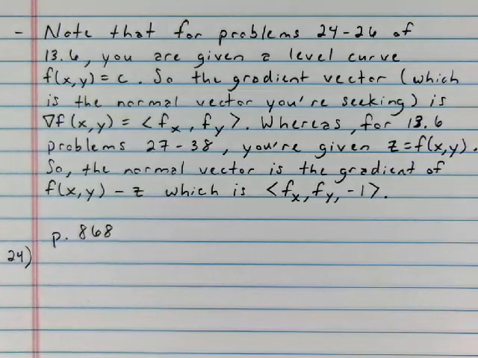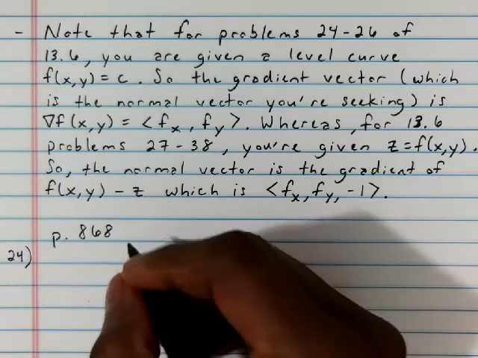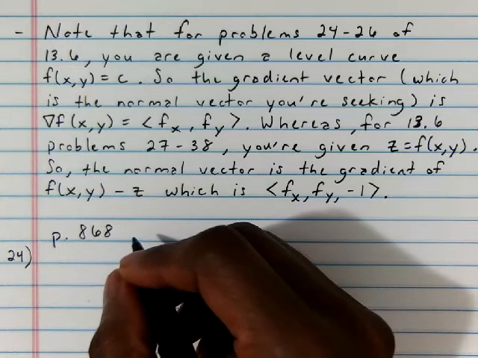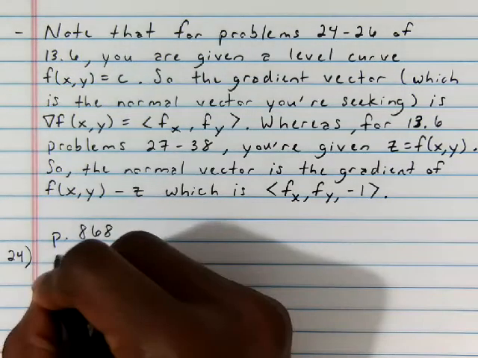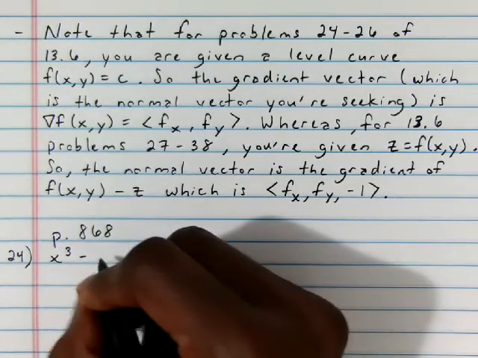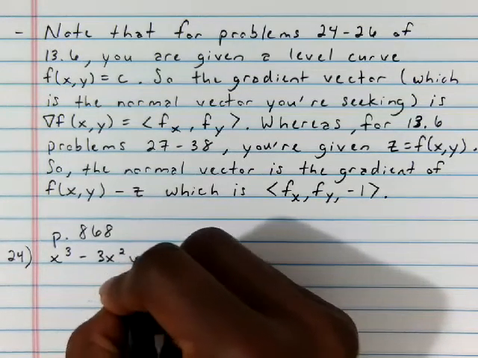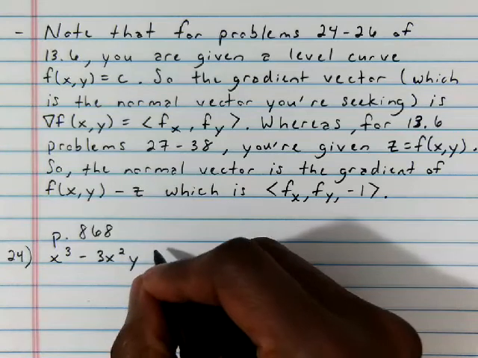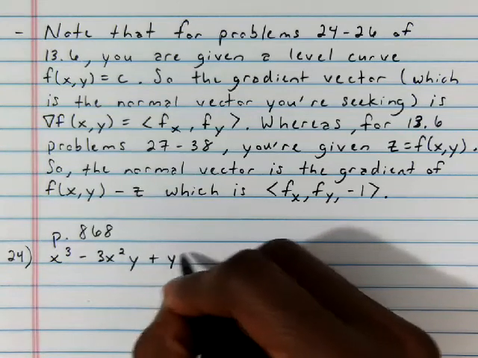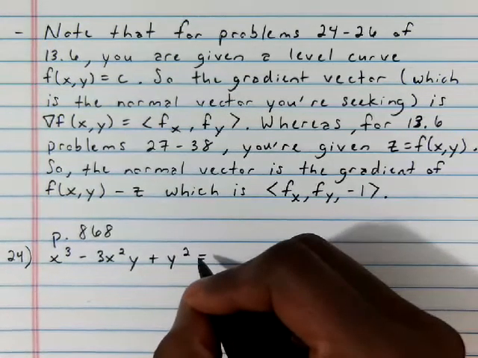Number 24 says in exercises 24 through 26, find a vector that is normal to the graph of the equation at the given point. Assume that each curve is smooth. All right, so they give us that x cubed minus 3x squared y plus y squared equals 5.